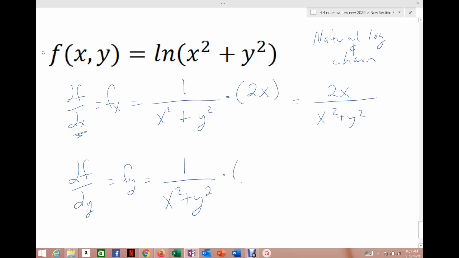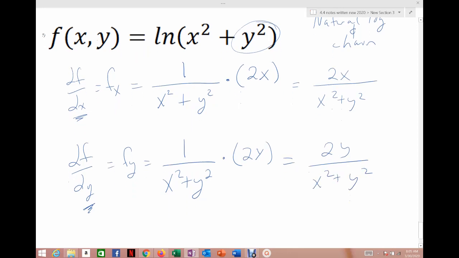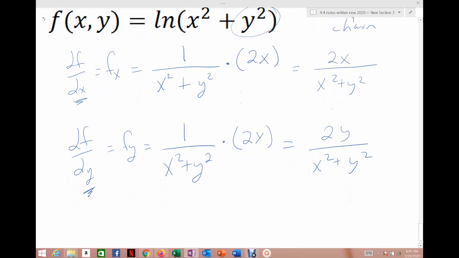But then it's times the derivative of the inside. Now it matters that I'm looking at my y variable. So I take the derivative of y squared, which gives me 2y. Again, that's the only difference. I get 2y up top divided by x squared plus y squared. But it is different, right? If I plug the numbers into that, I'd get a different answer depending on what my x and y values were. Alright, so there are my first derivatives with respect to x and with respect to y.